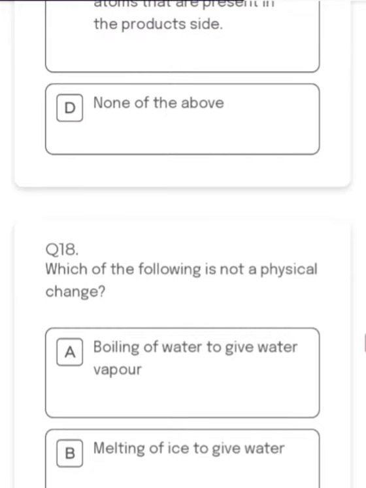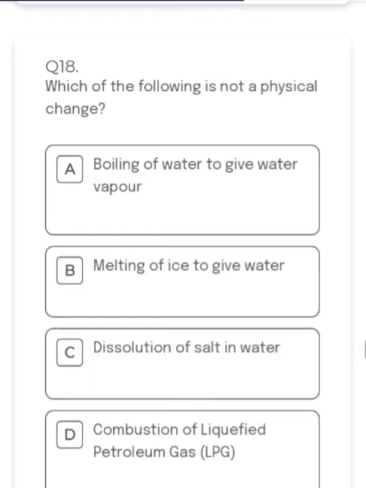Which of the following is not a physical change? Among all these options, which is not a physical change? We know that boiling of water to give water vapor is a physical change. Melting of ice to give water is also a physical change. Dissolution of salt in water is also a physical change.